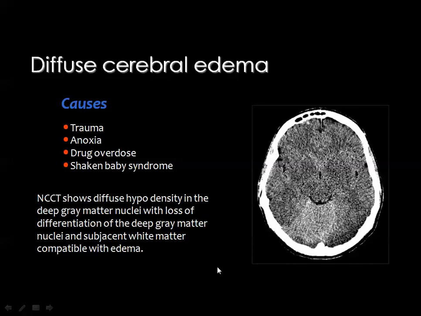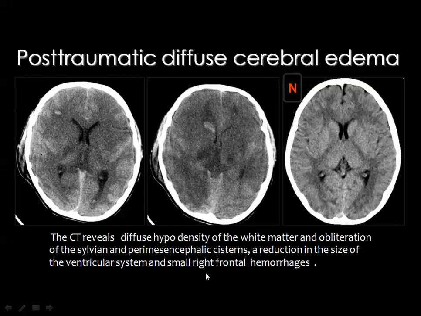Also, brain edema may result sometimes from drug overdose or anoxia before the development of true ischemia, and also in the shaken baby syndrome where the trauma is non-accidental, and it may result also in diffuse cerebral edema.